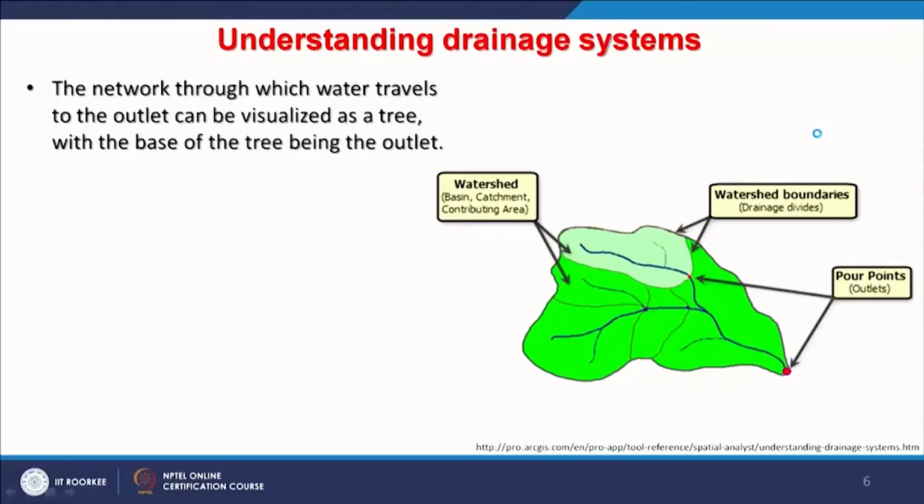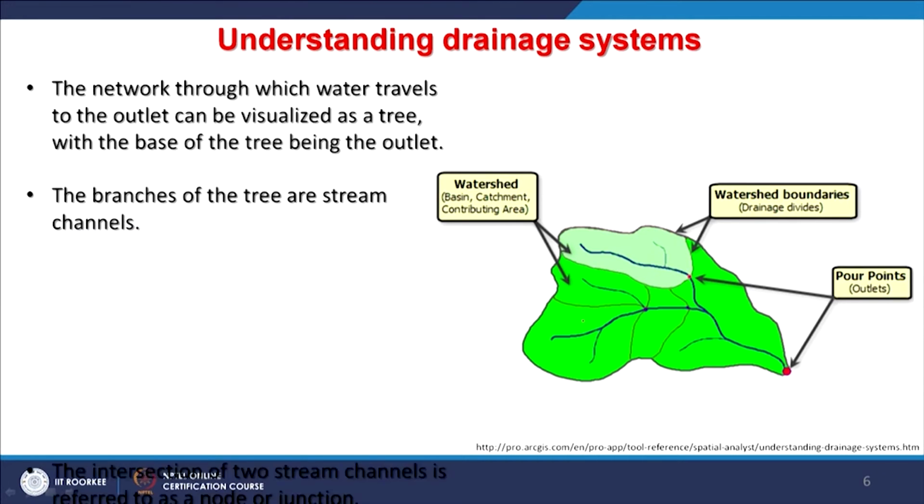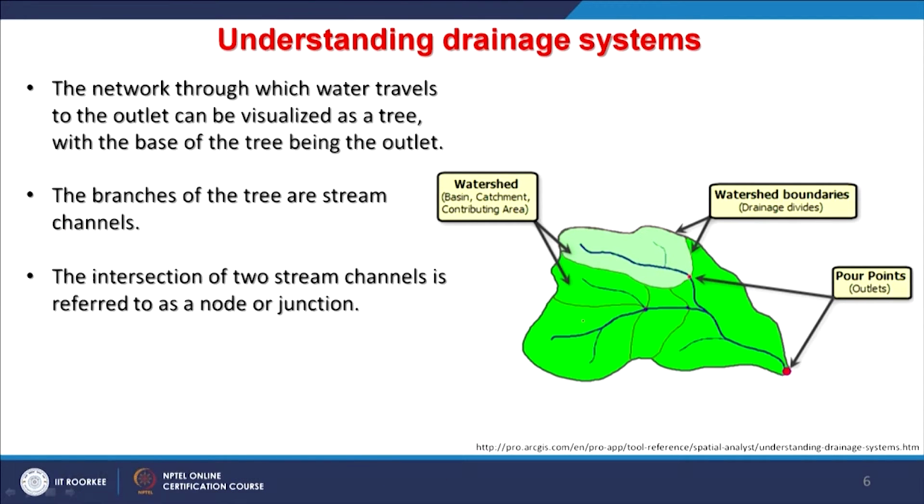Like here what you see, this is my base of the tree and these are the branches which are other lower order streams. Now the branches of the tree are the stream channels, and the intersection of two stream channels is referred to as a node or junction.